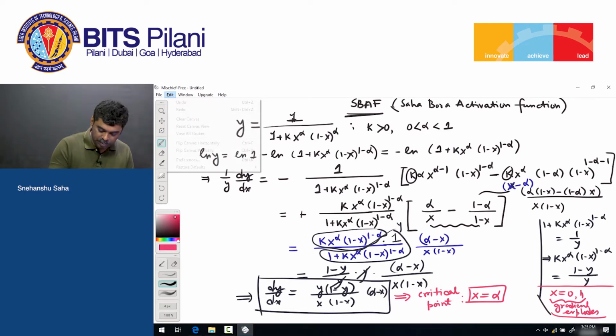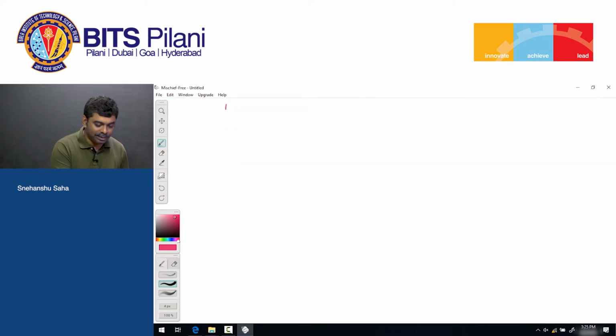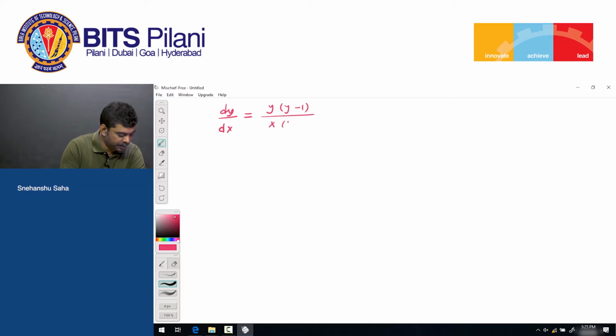So with this, I hope I can clear this down, and I just copy this activation again, which is y times y minus 1, x times 1 minus x, alpha minus x.